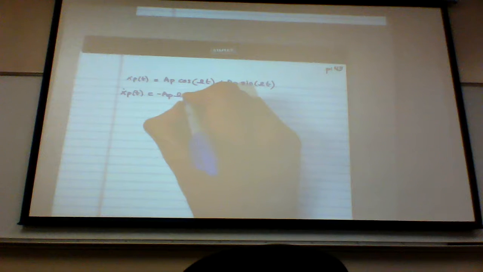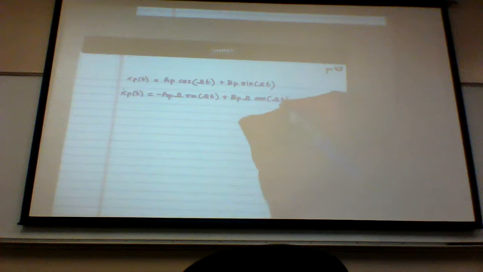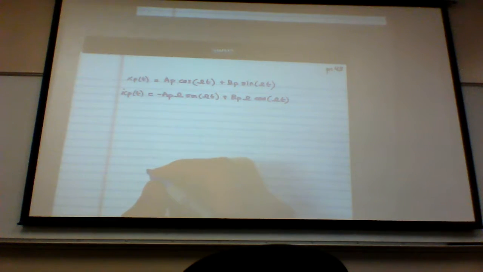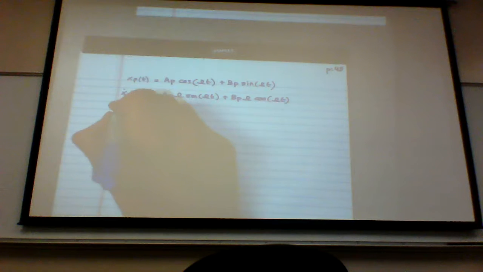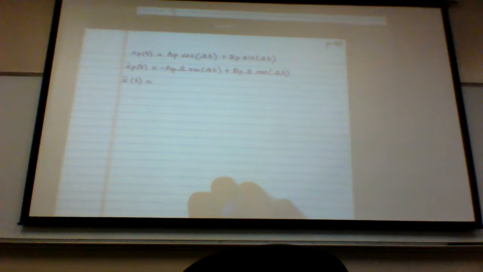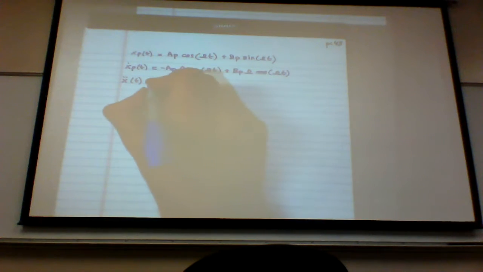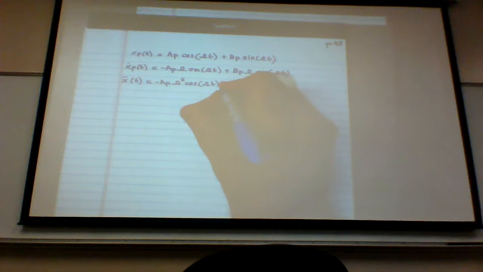Negative A p omega sine of omega t plus B p omega cosine of omega t. We do the same thing for the second derivative. This time we get minus A p omega squared cosine omega t minus B p omega squared sine omega t.